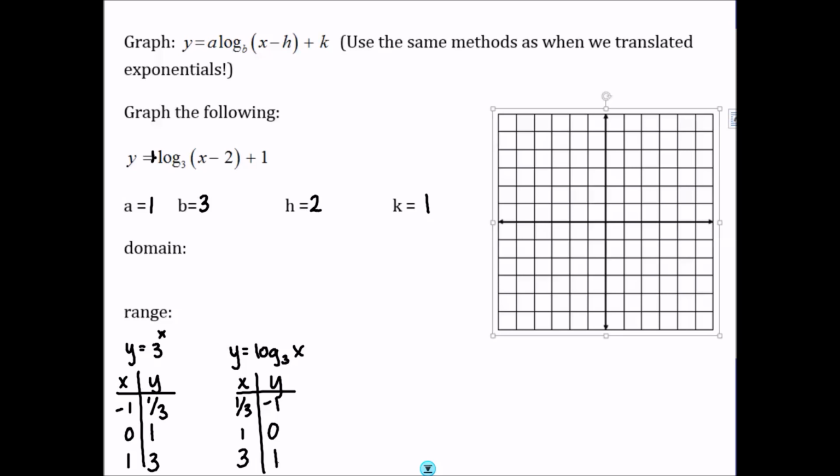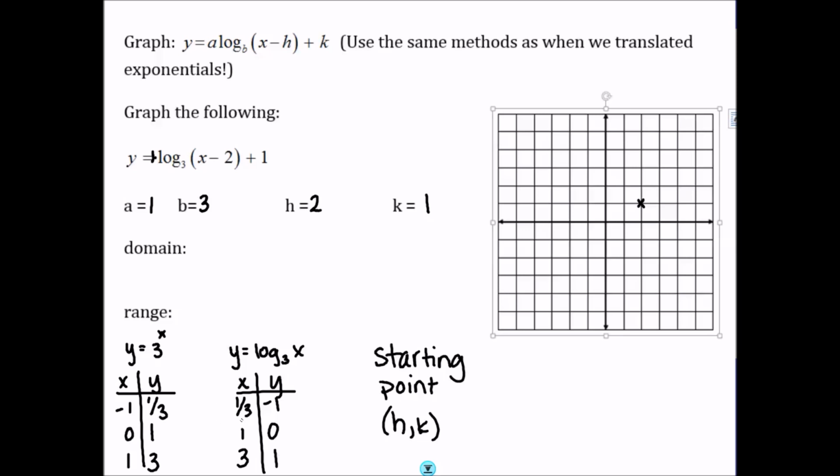Just like with exponentials, my starting point is going to be the point h, k. So I'm going to start at the point 2, 1. So I'm going to put a little x there. And I'm going to use this t-chart starting from my starting point.